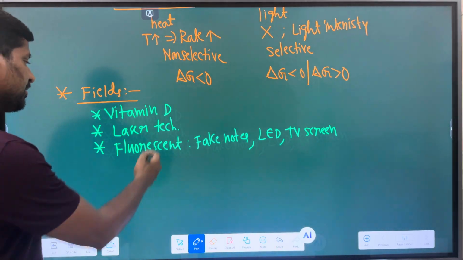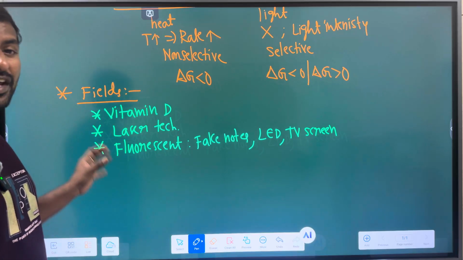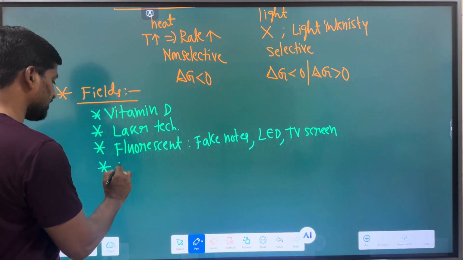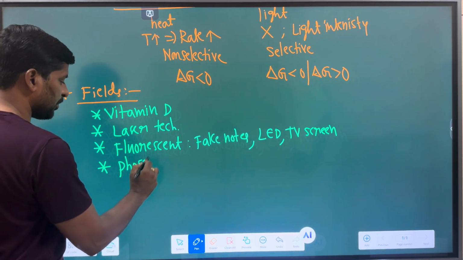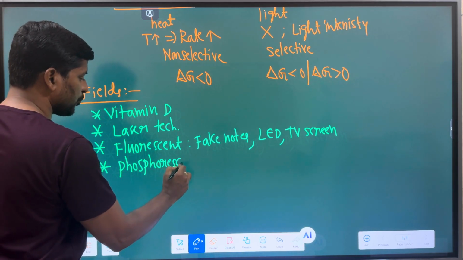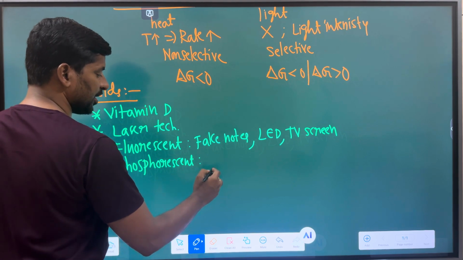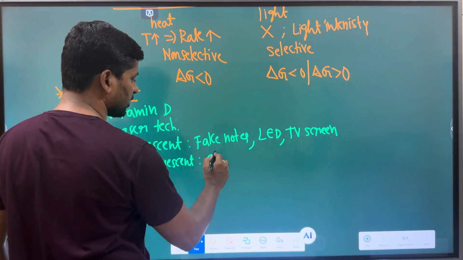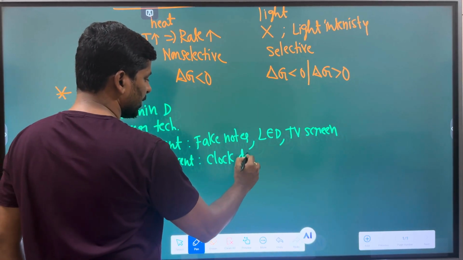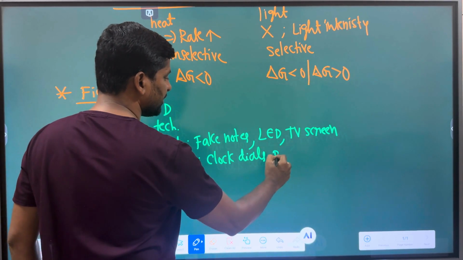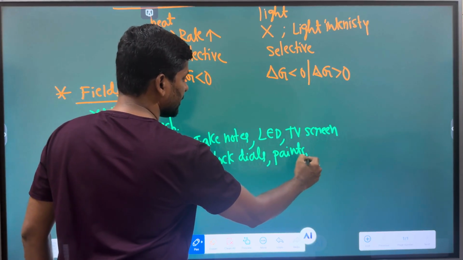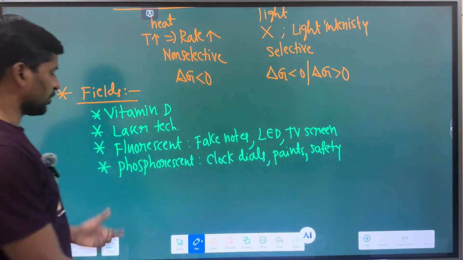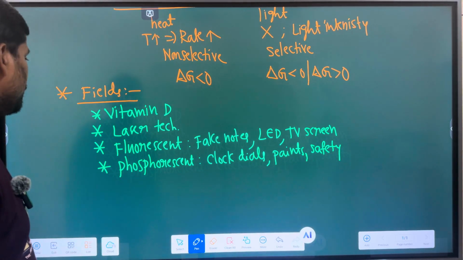In analysis we follow fluorescent spectroscopy. Phosphorescent substances we use in glow in the dark materials, such as clock dials, wristwatches, paints, safety signs, and safety boards at night. These phosphorescent materials are useful.